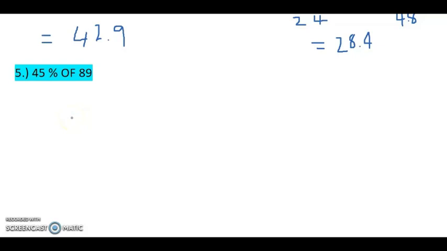Let's look at the last question, 45% of 89. 45% is 50% minus 5%. So 50% of 89 is 44.5.